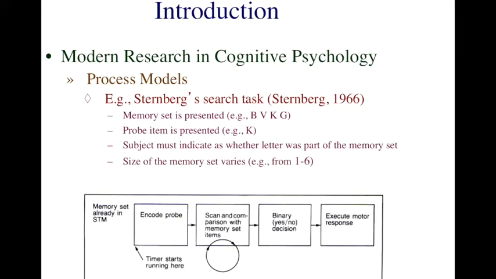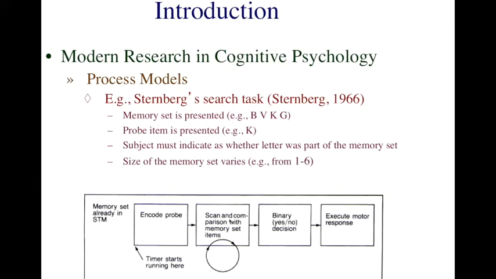Sternberg proposed the following process model to explain how participants would do this task. So you start with having your memory set already stored in short-term memory, and then you're presented with the letter probe. Timer starts, and the first thing you have to do is do the necessary visual processing to get that letter K recognized.